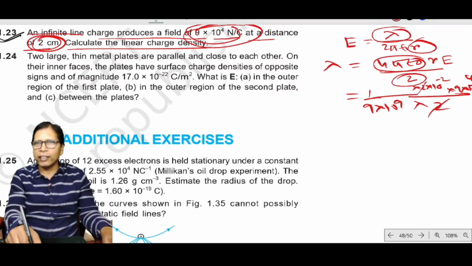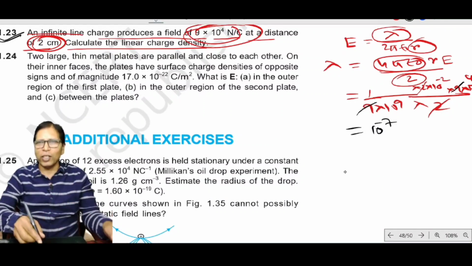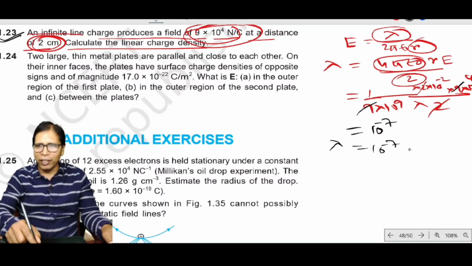Now this cancels out. This 9 and this 9 cancel out. So this is 10 to the power 4 and 10 to the power minus 2, so 10 to the power 2. So 10 to the power minus 7. This is the linear density of charge. So lambda equals 10 to the power minus 7 Coulomb per meter.